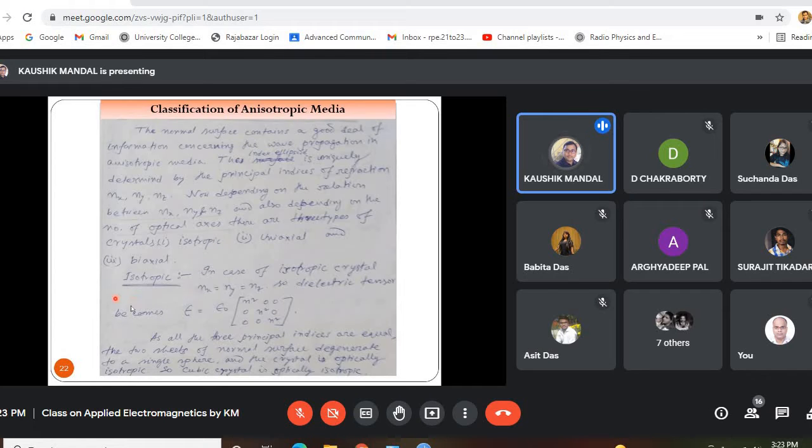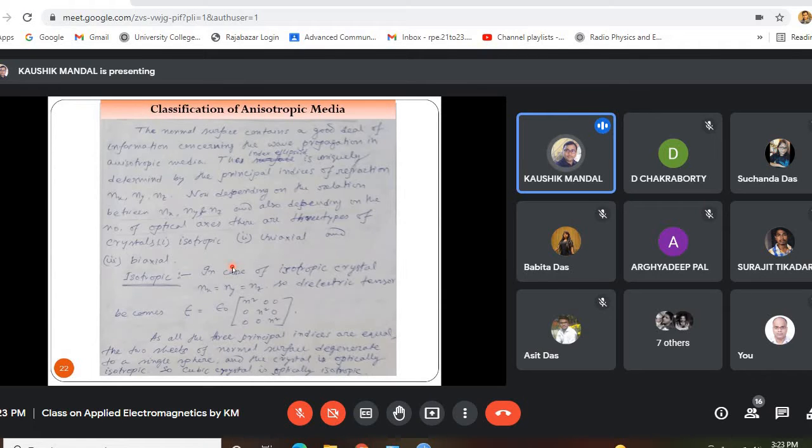In case of isotropic crystals, all three principal indices are equal. That is, nx equal to ny equal to nz equal to n. Now if you want to find the dielectric tensor for this type of isotropic material, the first point is that all the principal refractive indices are equal.